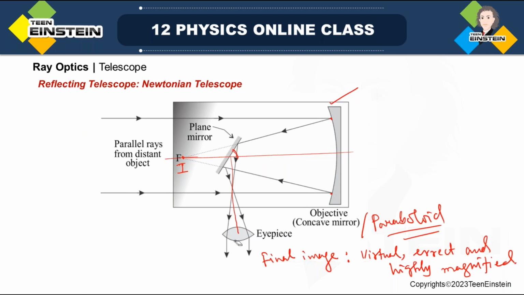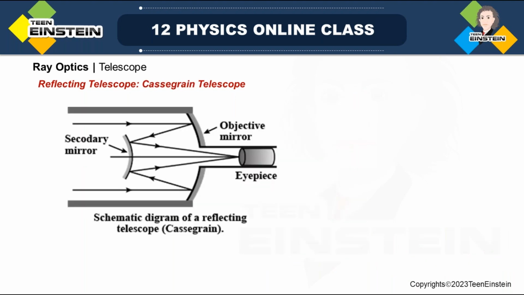Okay. Now we will go to the next category, that is the Cassegrain telescope. So in this case, it consists of a large concave paraboloid mirror, the primary mirror.